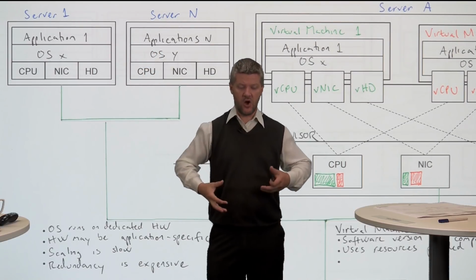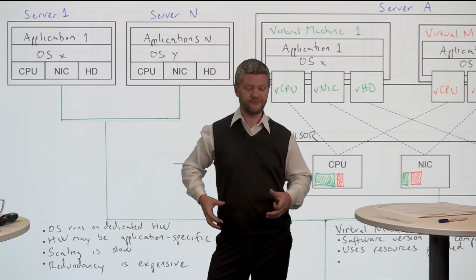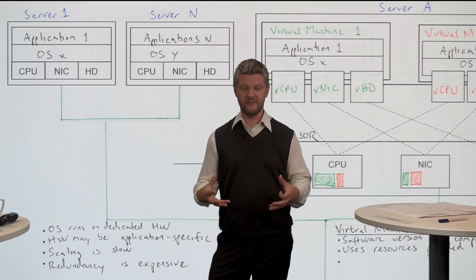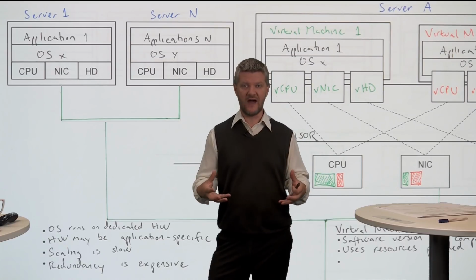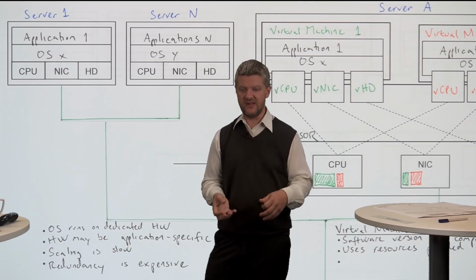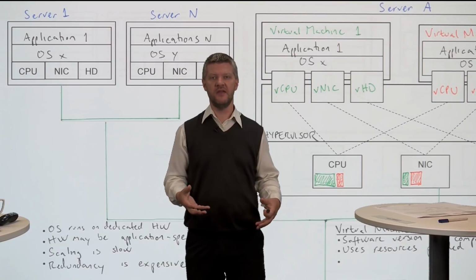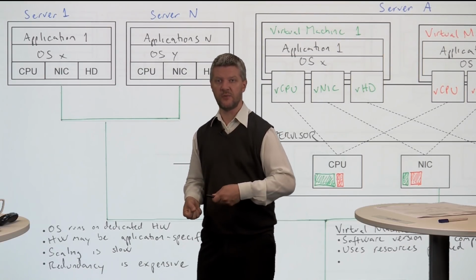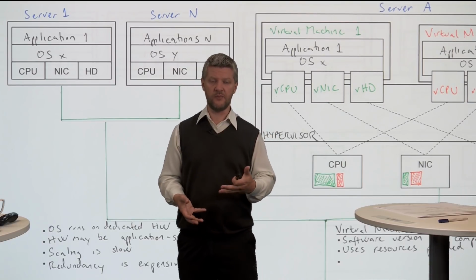So if you just make a copy of the hard drive, you can take that copy. Maybe that copy exists as a file, so you can put it on a DVD or a big USB stick or something, and then you just go over to another physical machine and insert this operating system with its application, and then you can boot it up.